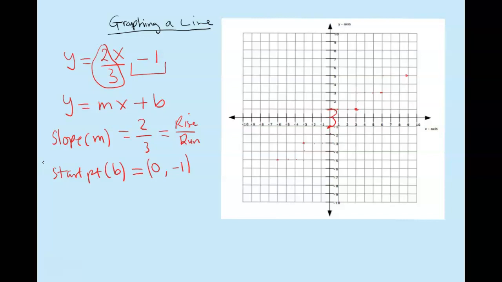So you have all this, and then you connect them to get your line, or freehand. That becomes, you are able to graph this given equation.